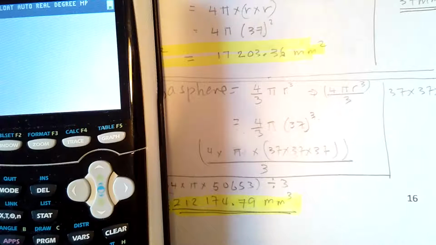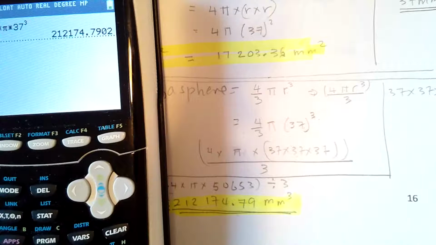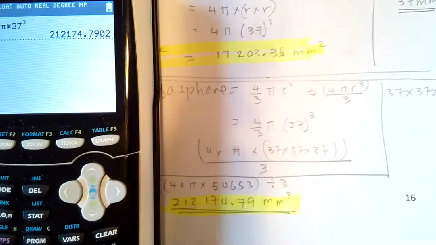So what you'll do, you put a bracket, 4 divided by 3, close bracket, multiplied by pi, multiplied by 37. Now I have a power button here I could use, and it'll give me the same result. 212,000.